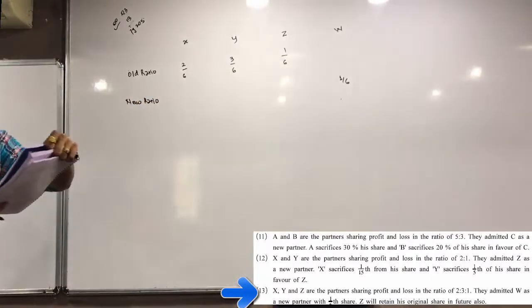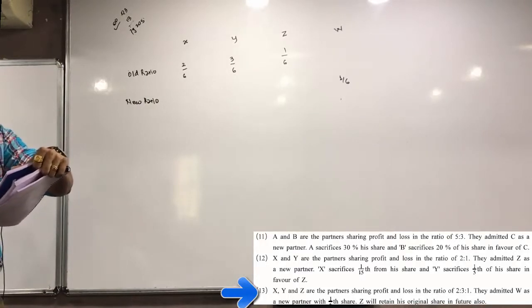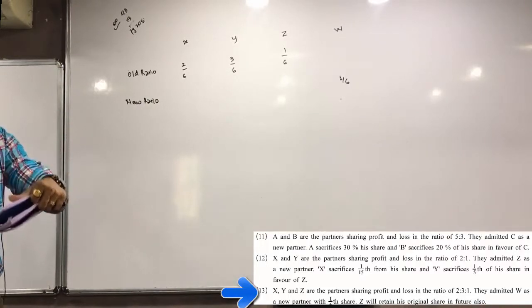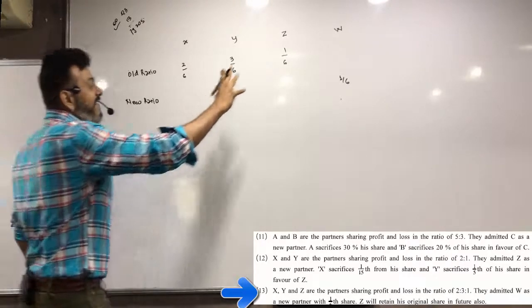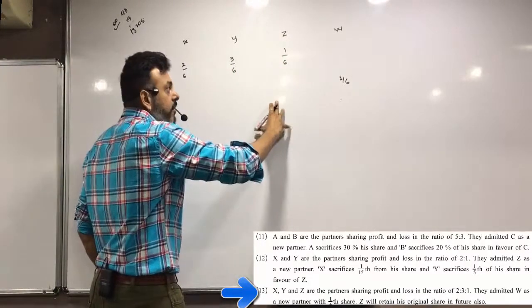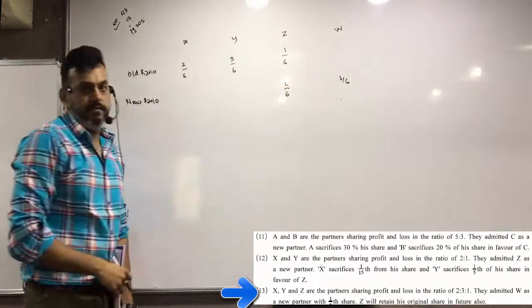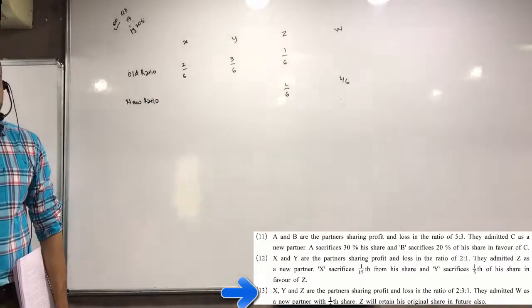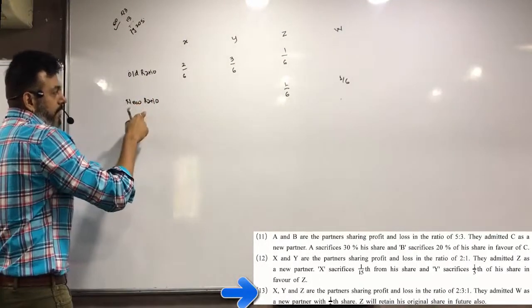Now what is the term? Z will retain his original share in future also. Now Z is getting how much? 1/6. So Z says I should always get 1/6. You understood this? Now what is remaining is between them.